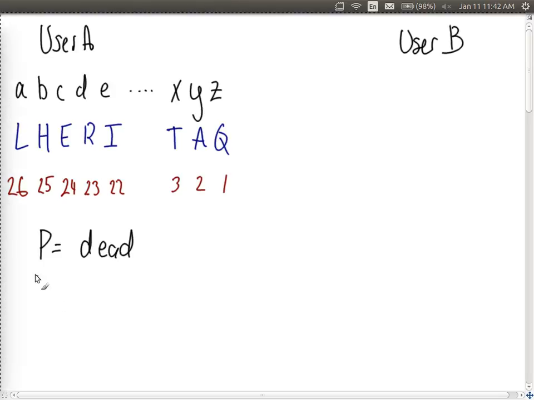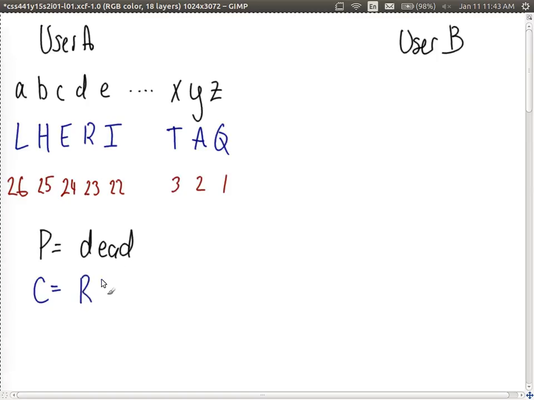Then the ciphertext for this particular mapping, D would become R, E would become I, A would become L, and D becomes R. I would send this ciphertext to user B. User B, which also knows the mapping, sees R is D, I is E, L is A, and R is D. They get the plain text back. That's how it's used.